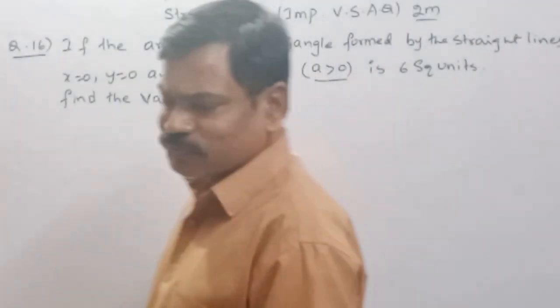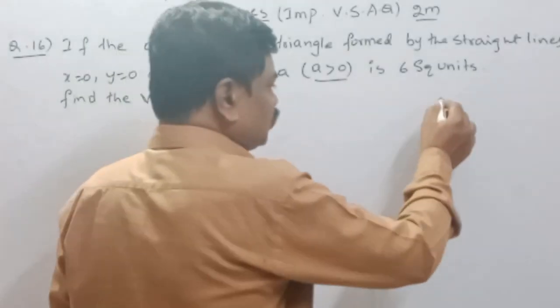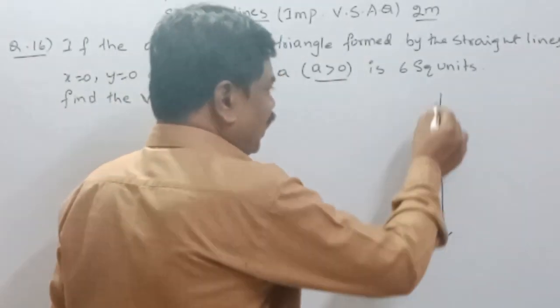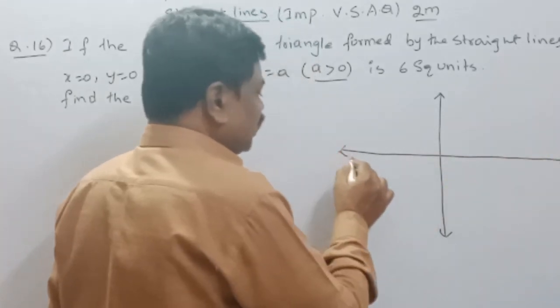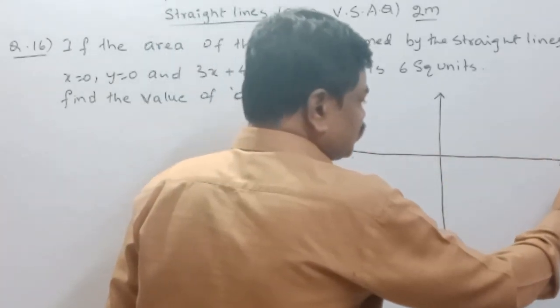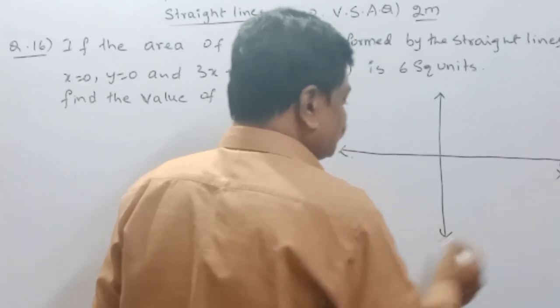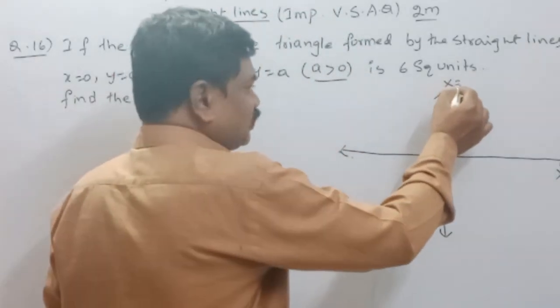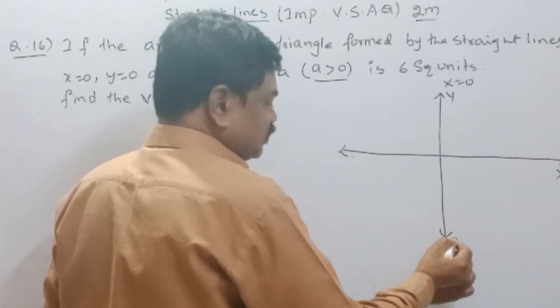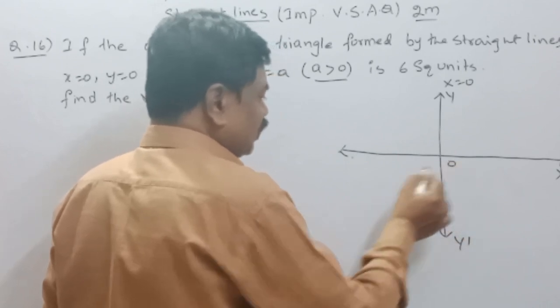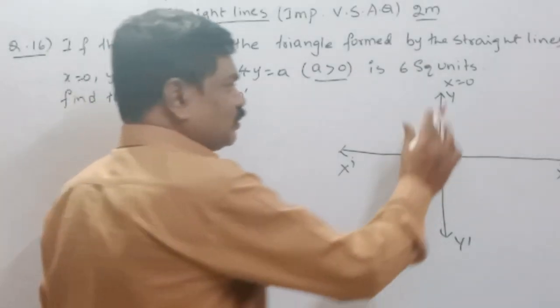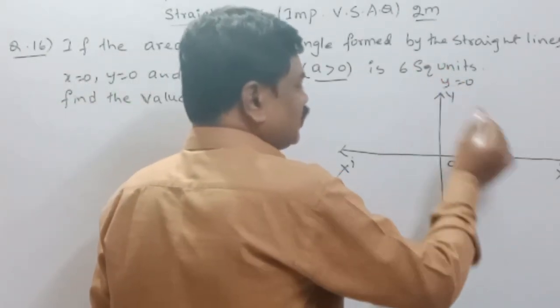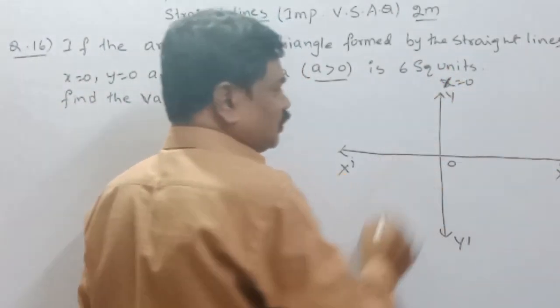So first you have to draw the line. This is the y axis, the vertical line, and this is the x axis, the horizontal line. Here y equals 0 is the x axis and x equals 0 is the y axis. So YOY dash, XOX dash.